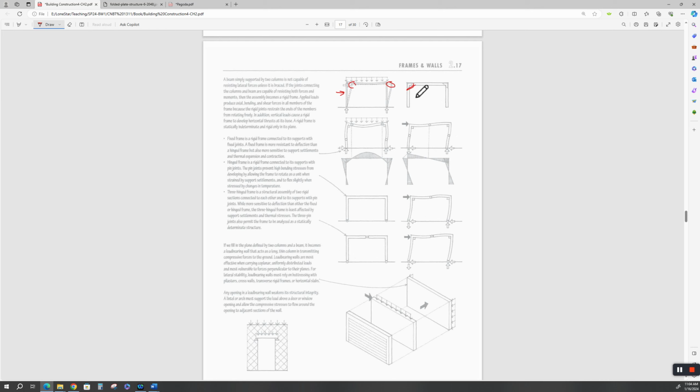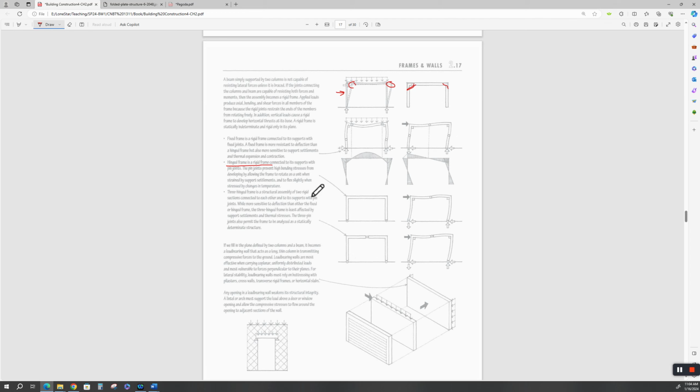But if you gusset these, you make these rigid connections, then they'll carry more load. And here's an example of a fixed frame and how it's supported as opposed to this one, which would just want to fall over. Here's the shear and moment diagrams of how that works. And right now that means nothing to you, and that's fine.